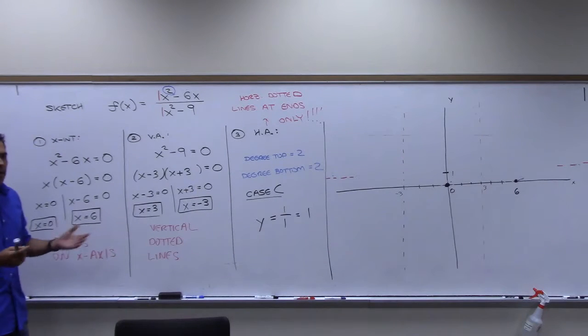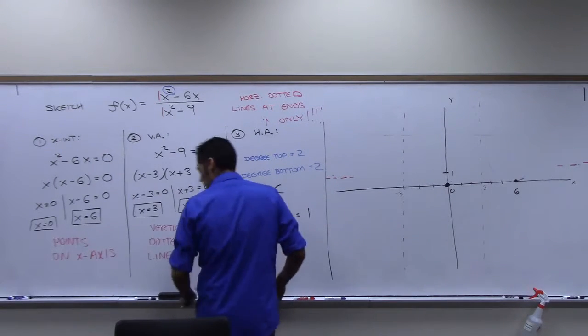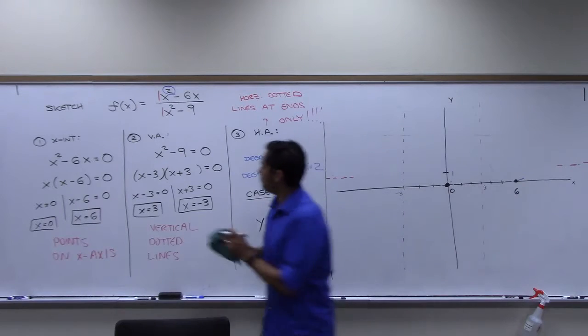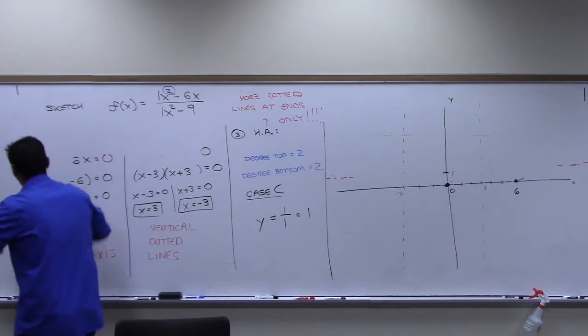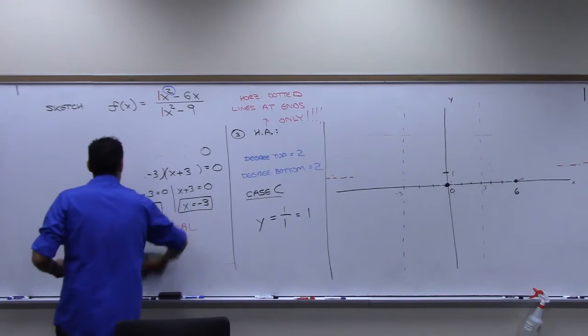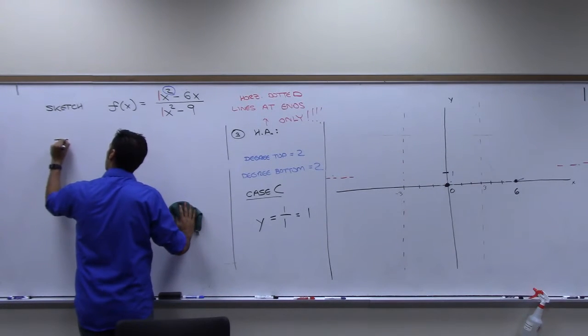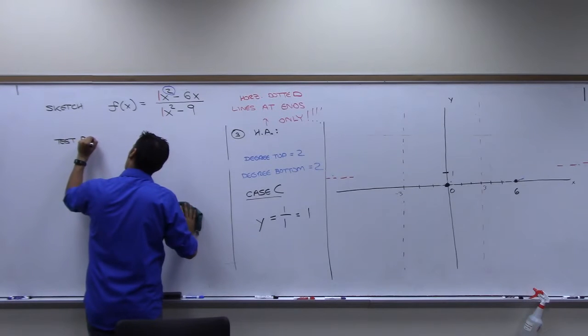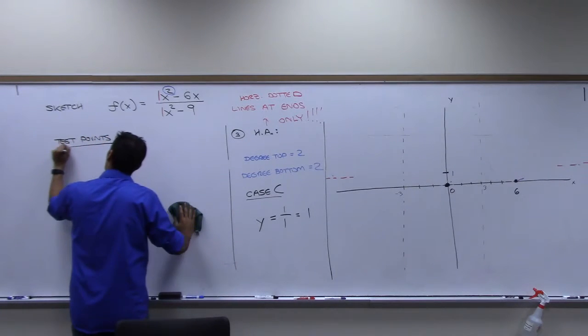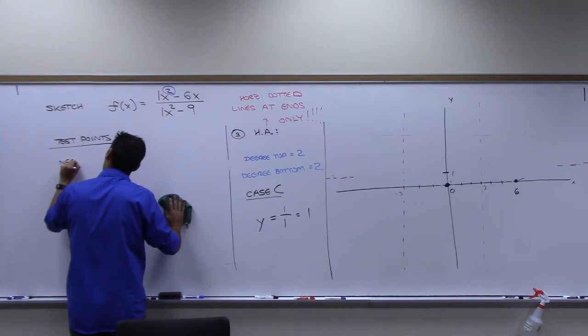But where do I pick them? So I'm going to now get to this step. I'm going to write it over here. I'm going to do test points. I might actually not be able to finish this. Test points. I'm going to need 4.